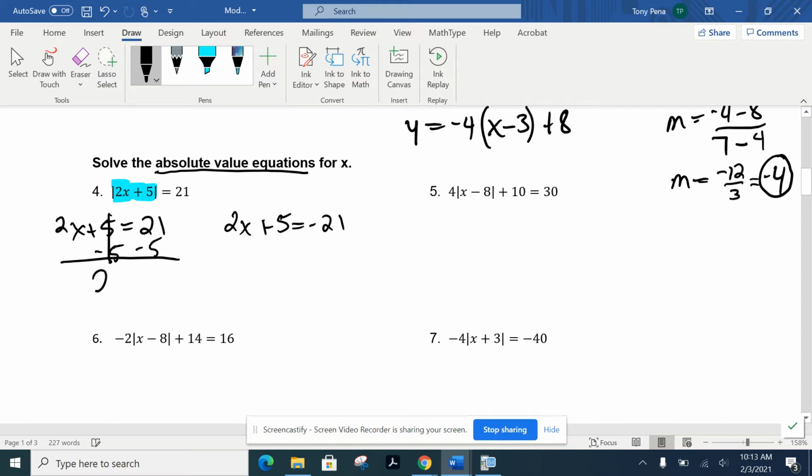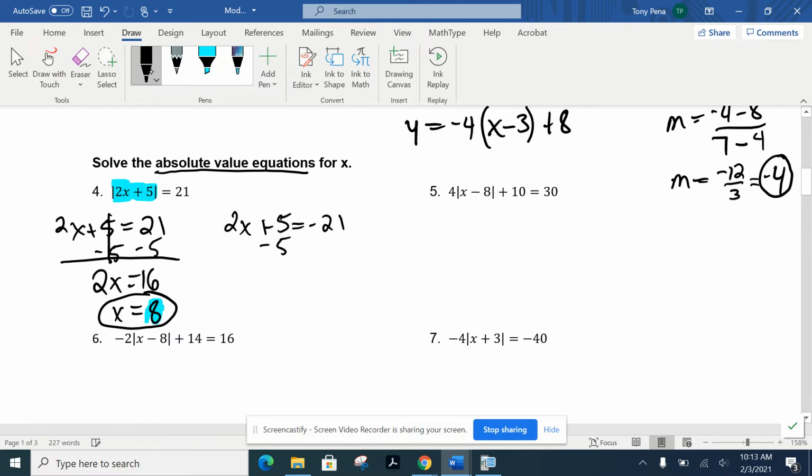So subtract your 5. Divide by 2. And one answer is x equals 8. If I take the 8 and plug it in, that's what's going to give me a positive 21 inside those absolute values.